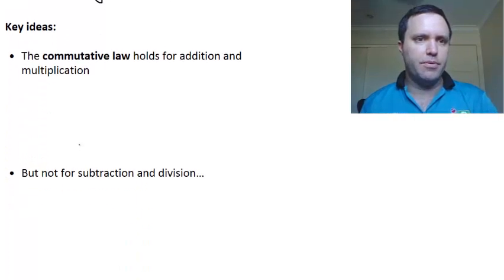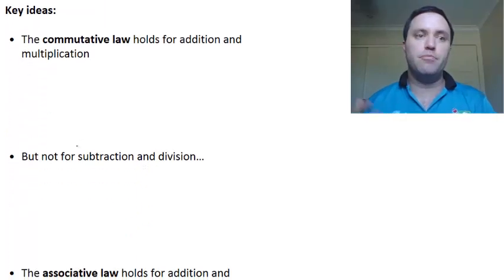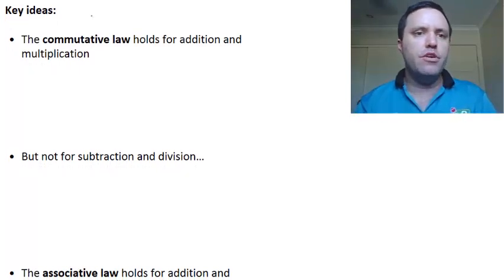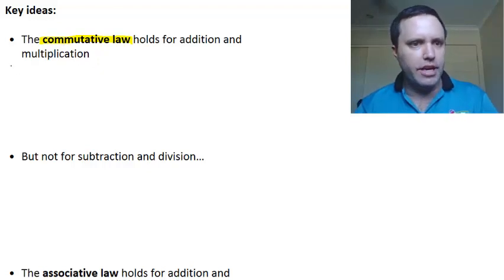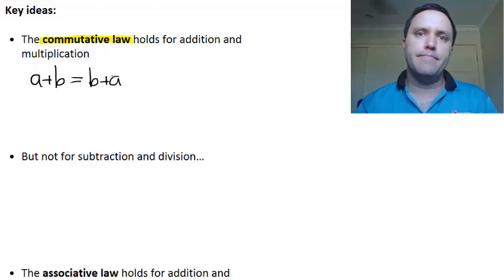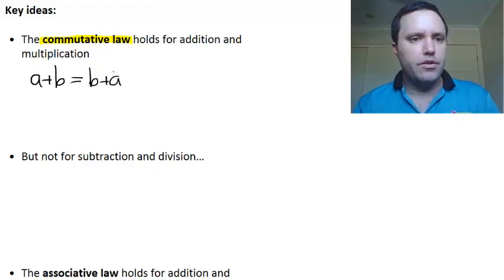They're fairly simple ideas to be communicated. A lot of Grade 7 content here, really just getting you up to scratch with where we're at. So firstly, the commutative law. This might be a new idea for some of you. The commutative law holds for addition and multiplication. It says that if we have A plus B, it's the same thing as B plus A, so we can switch them around.